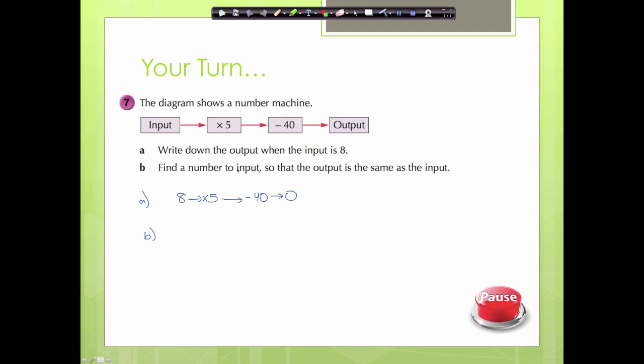Okay, I'm minusing 40 here, so that should help us a little bit. If I put in 10, times it by 5, that gives me 50, minus the 40, that gives me 10.